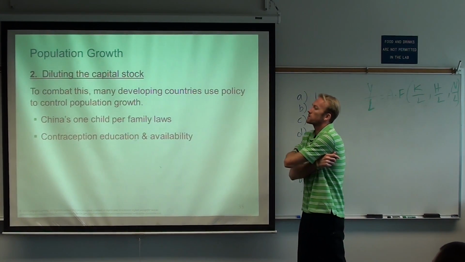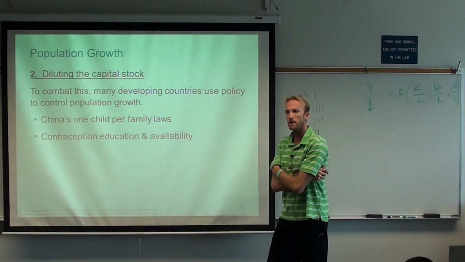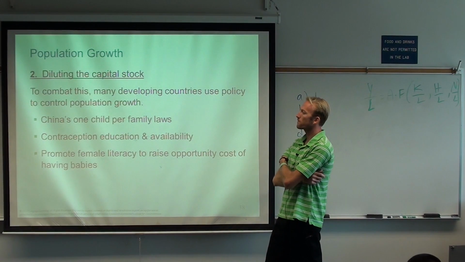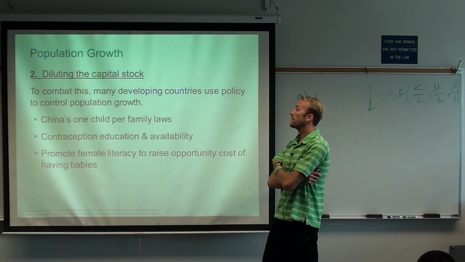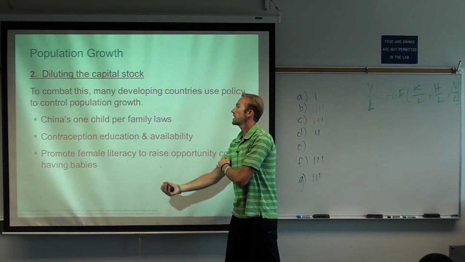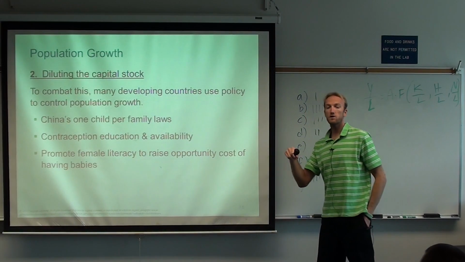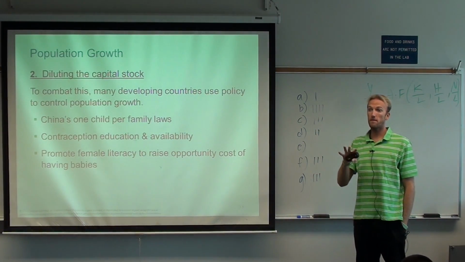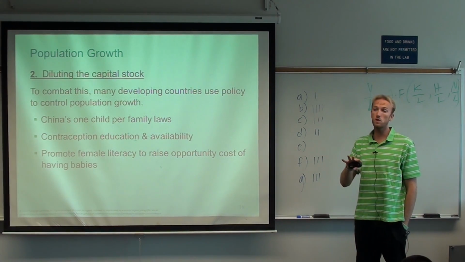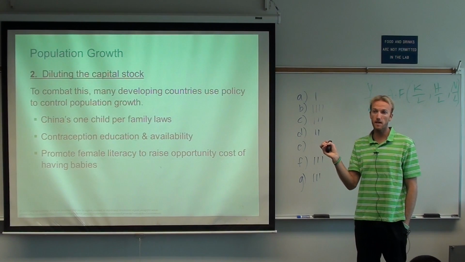Then, of course, there's contraception, education, and availability. I was telling you in the Philippines, they pass out free condoms to try to reduce the number of children. And then the other idea here is that as females become more educated, each baby costs more because you maybe have to drop out of school, or you have to drop out of work or stop working for a time or something like that.